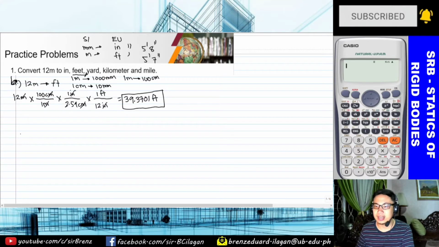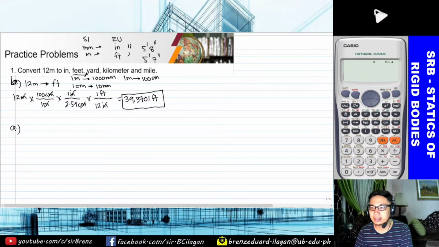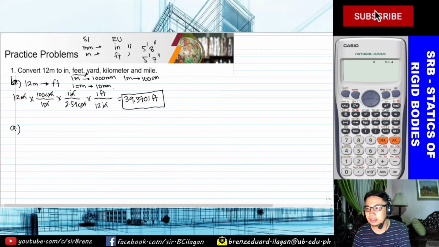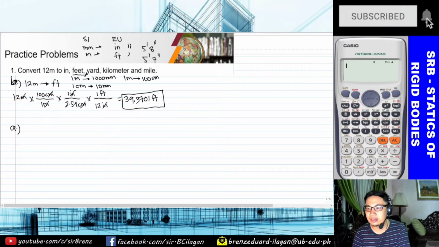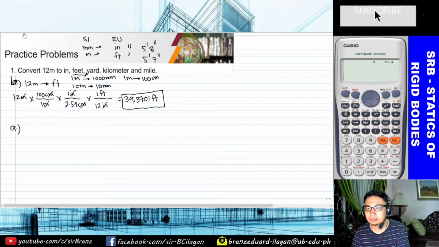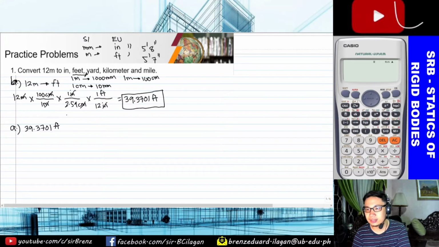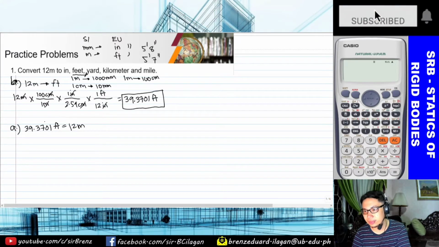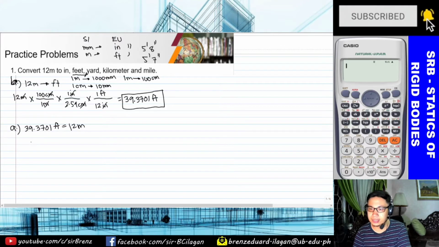So, this is letter B. Next, let's go back to inches, from letter A. What we can do is use our answer from letter B, or use just this part of the equation on the calculator. Okay? Let's use our answer from earlier. It is in meters, right? You know that. 39.3701 feet equals 12 meters. So let's use this so the equation is just one line.